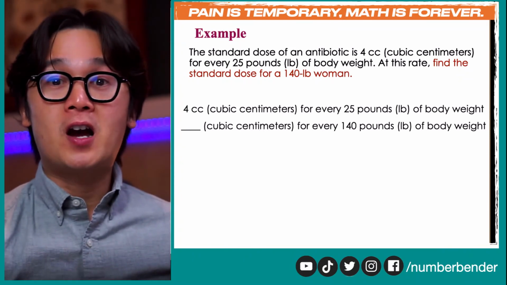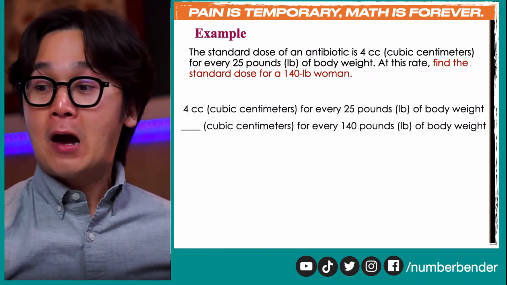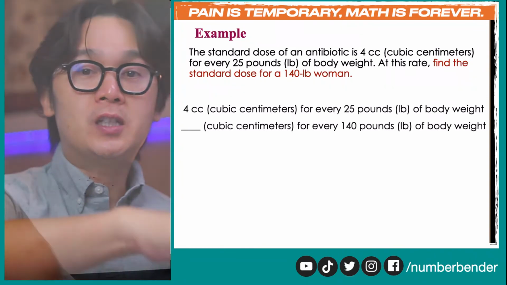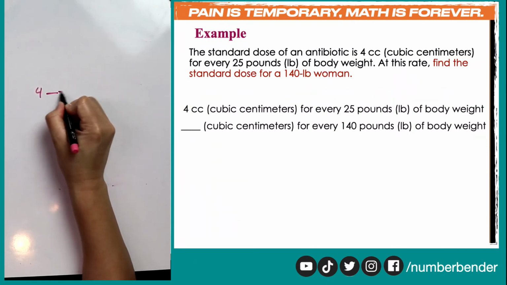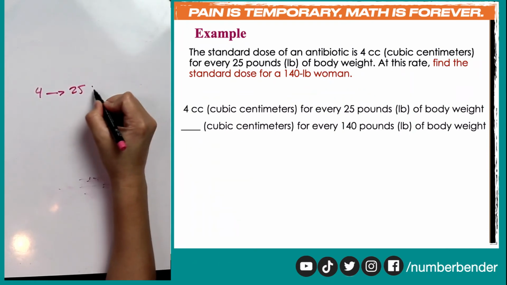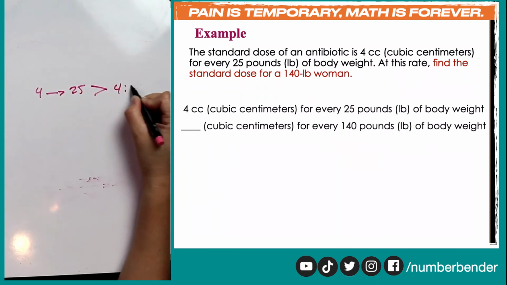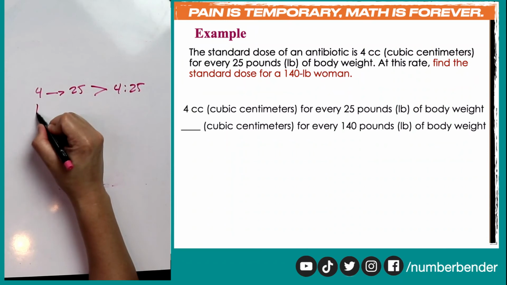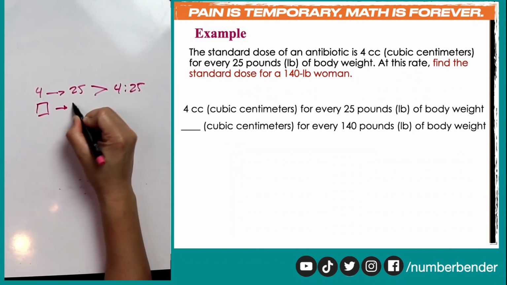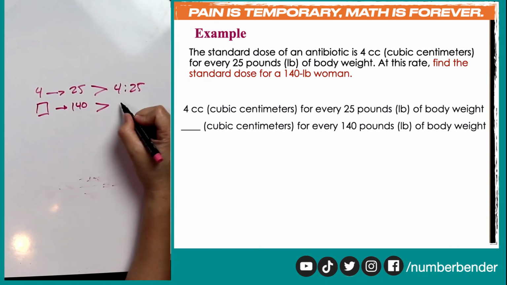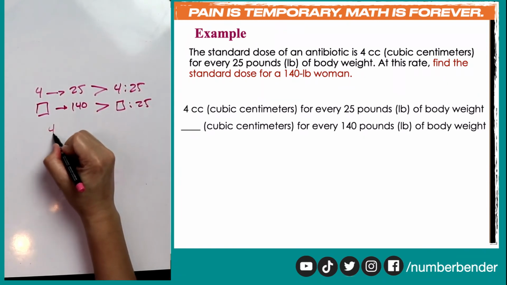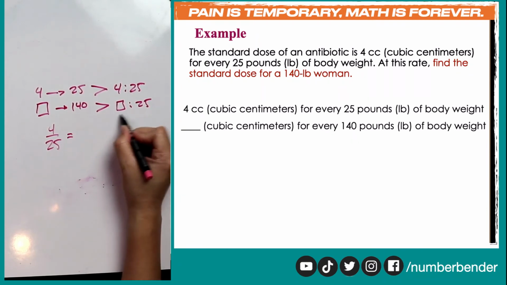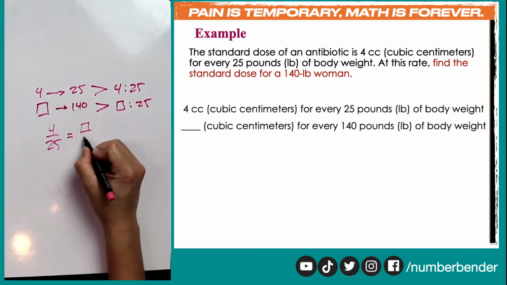So using the same concept, we're going to write our equation, and to write our equation, we're just going to refer to our first statement. 4 is to 25, and here we have blank for 140 pounds, and if we're going to change it into a ratio, it's simply going to be box is to 25. So in fraction form, this can turn into 4 all over 25 equal to this proportion, box all over 25.